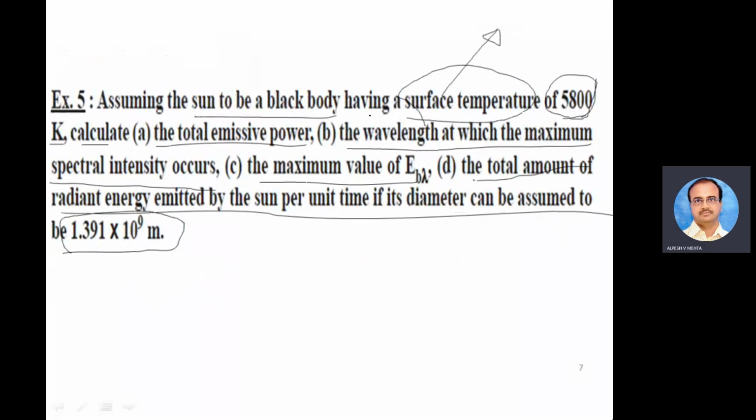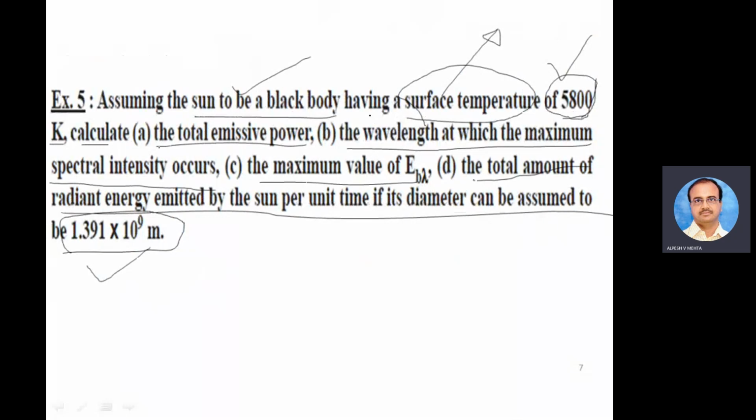So for the sun, some data is available: we can consider the sun as a black body, its surface temperature is 5800 Kelvin, and its diameter is 1.391 into 10 power 9 meter. We have to find out four parameters related to the sun. I hope this data is very clear to you.